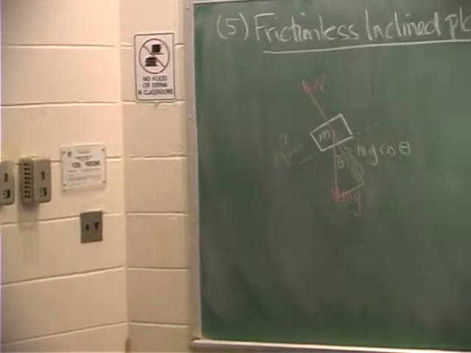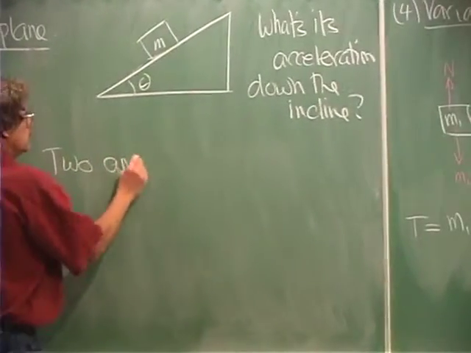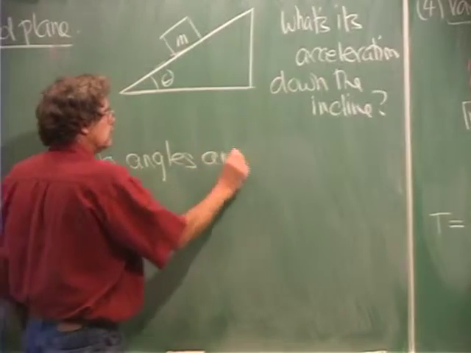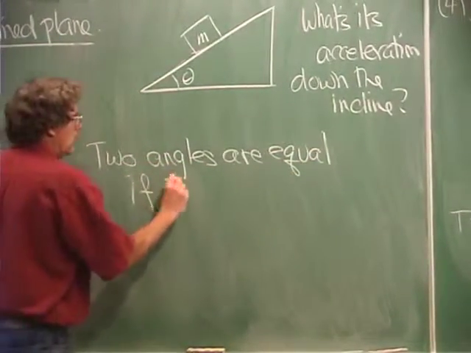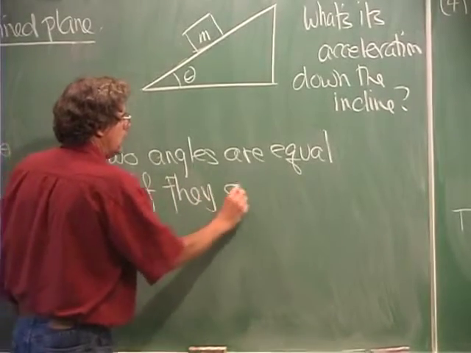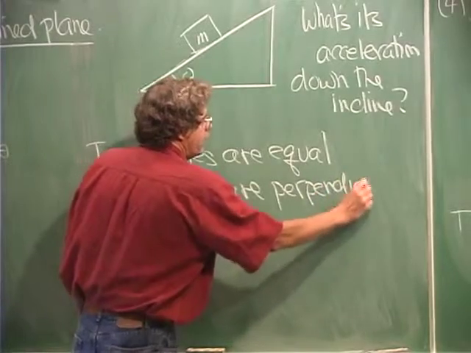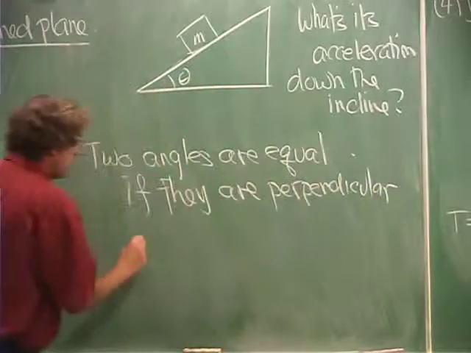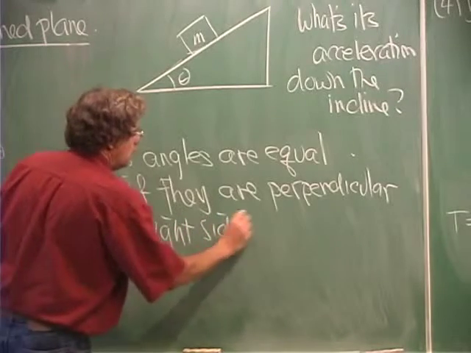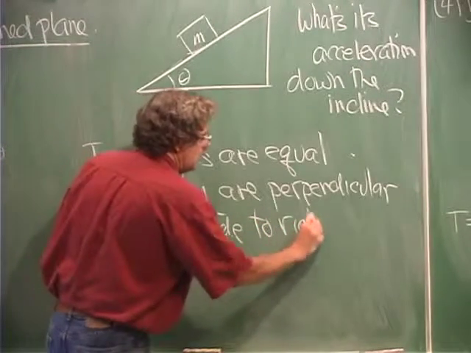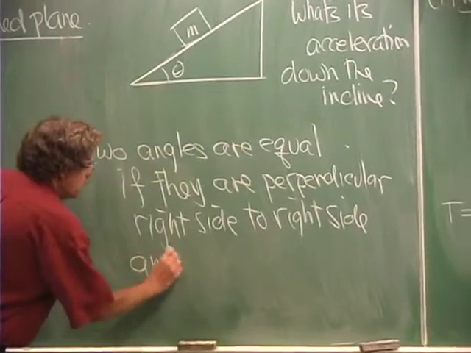What? Can you repeat that? Yes, two angles are equal if they are perpendicular right side to right side and left side to left side.